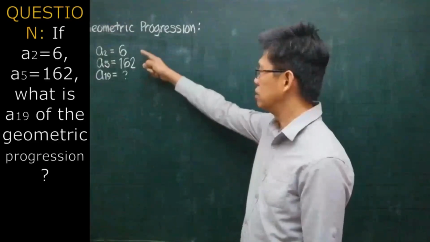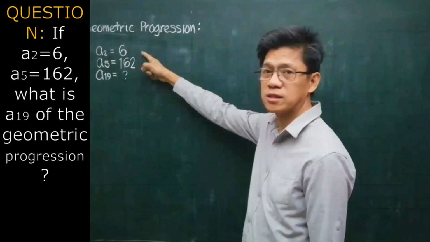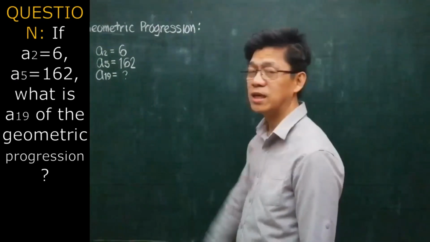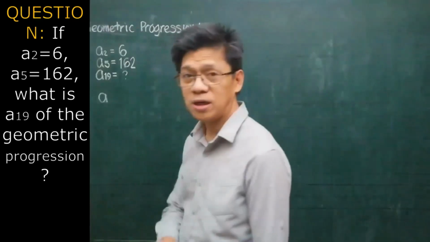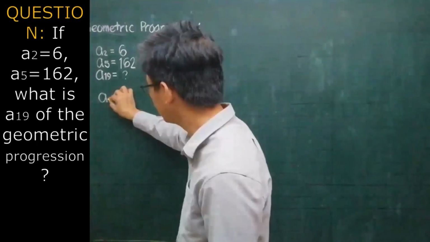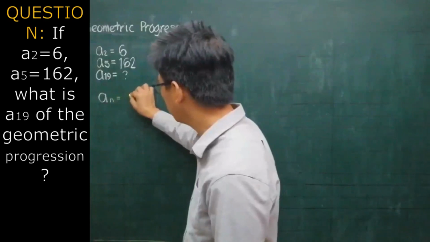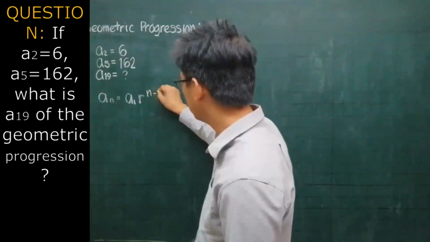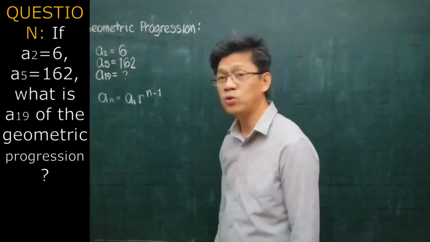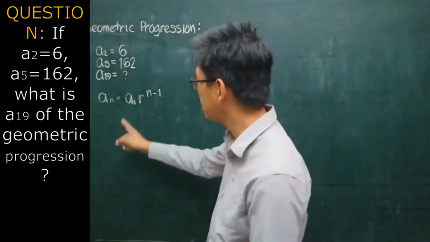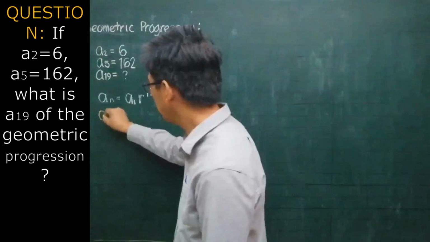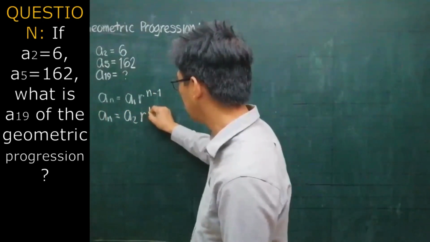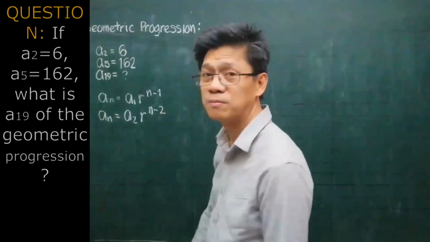In this question, A2 is 6, A5 is 162, we're asked here to find A19. In our formula for geometric progression, AN is A1 R to the N minus 1. But we do not have A1, so we just apply here A2. AN equals A2 R to the N minus 2.